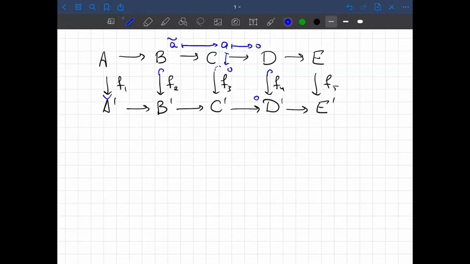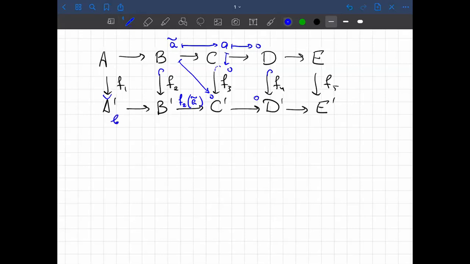We know that A tilde goes to 0 in C prime by commuting. It maps here to 0. So the image of A tilde in B prime, this is just F2 of A tilde, is an image of some element B here.